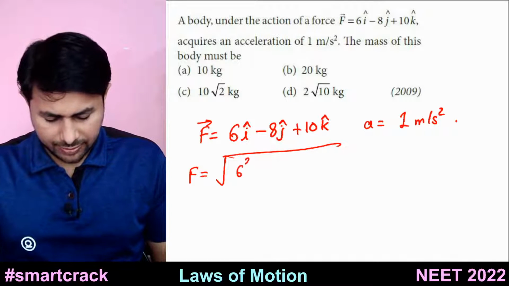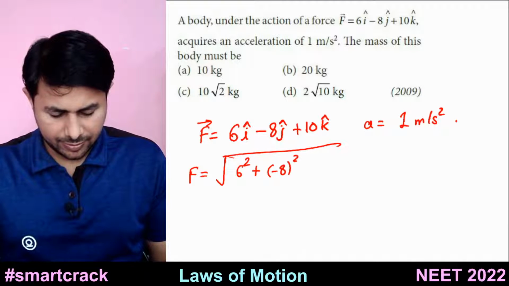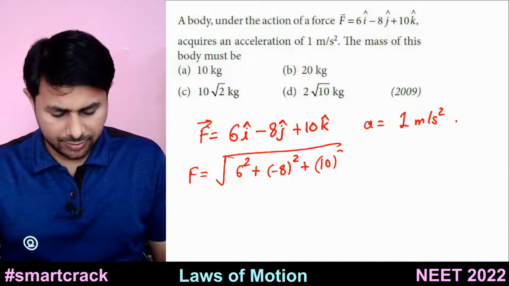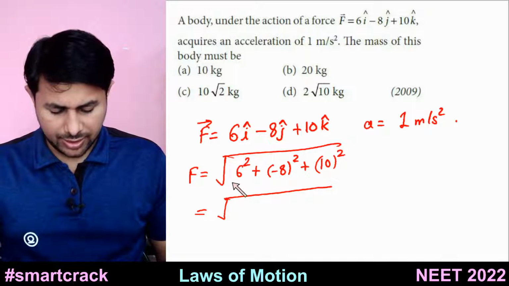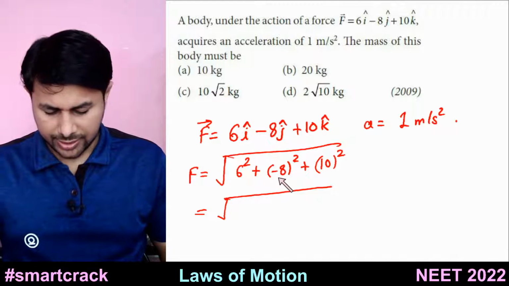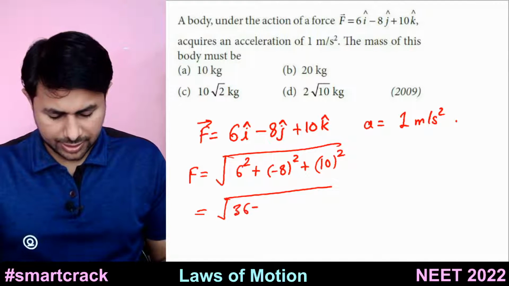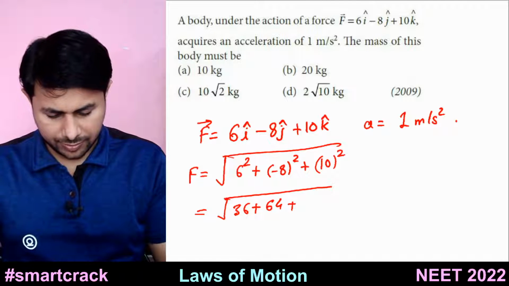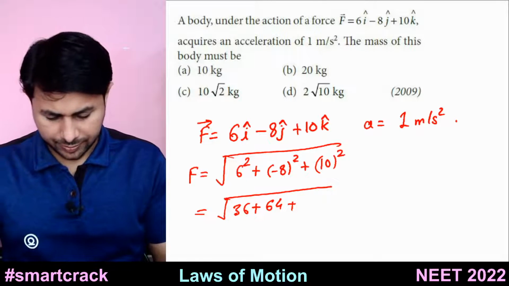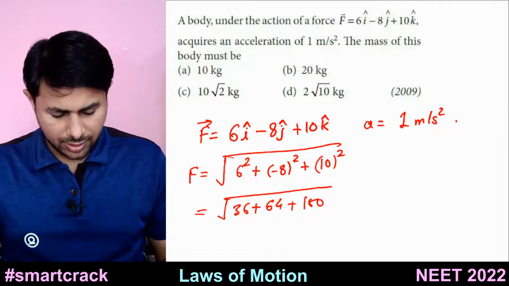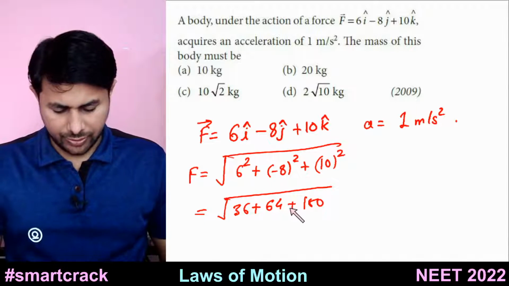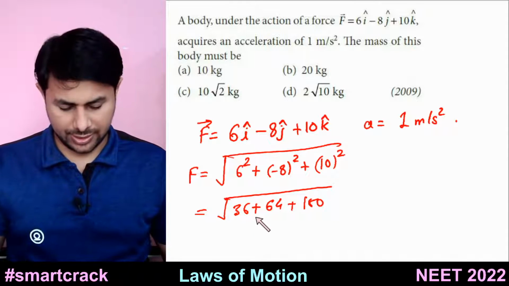So it is 6 square plus minus 8 square plus 10 square, and that's equal to square root of 6 square is 36, 8 square is 64, 36 plus 64 plus how much? 100. So it is 100 plus 64, 164 plus 36 is 200.